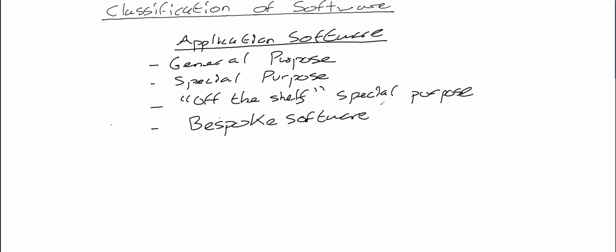And the types of application software, well, application software falls into some different categories as with system software. We've got general purpose software, special purpose software, and then special purpose software is broken down into off-the-shelf special purpose software and bespoke software. So let's deal with general purpose software first of all then. So general purpose software is software such as LibreOffice, which is a good example, or Microsoft Office.